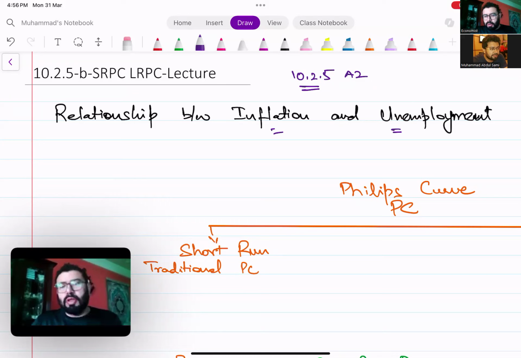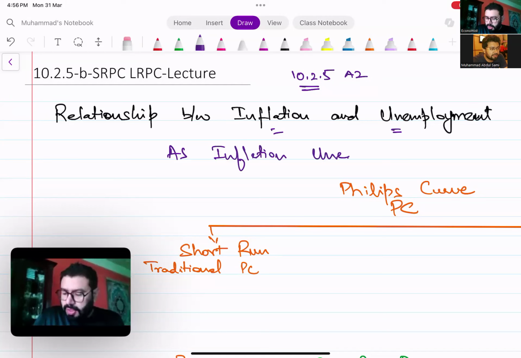We are also aware of the conflict between inflation and unemployment as macroeconomic objectives, and we have studied these two concepts in AS macroeconomics. Also, we are aware of their conflict.